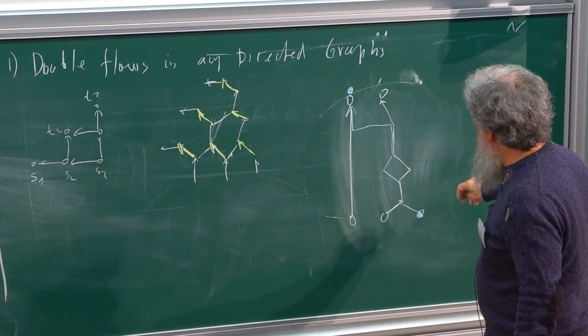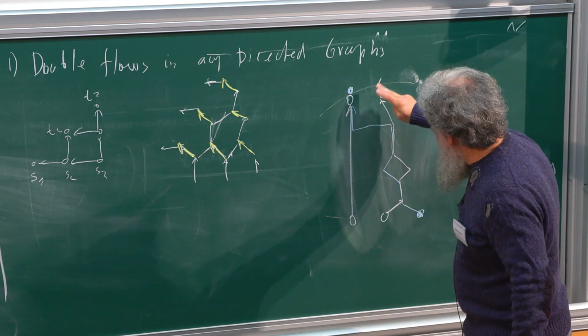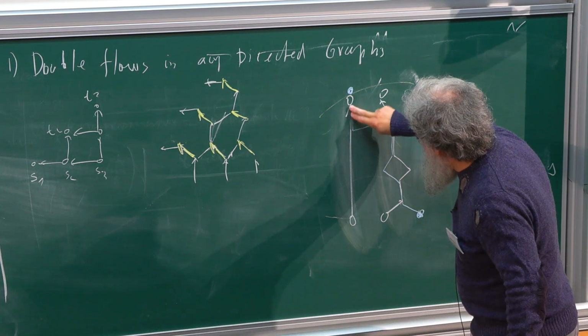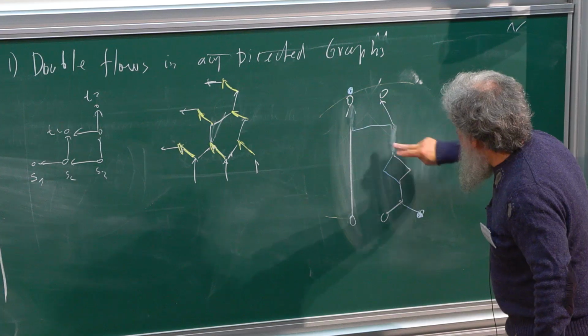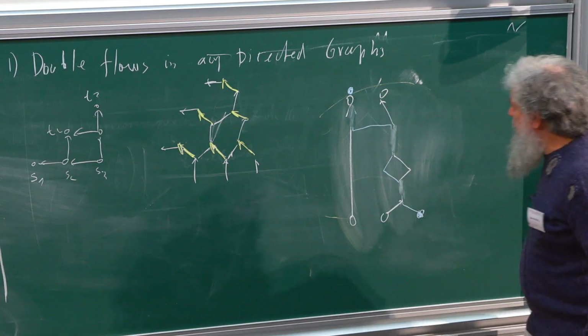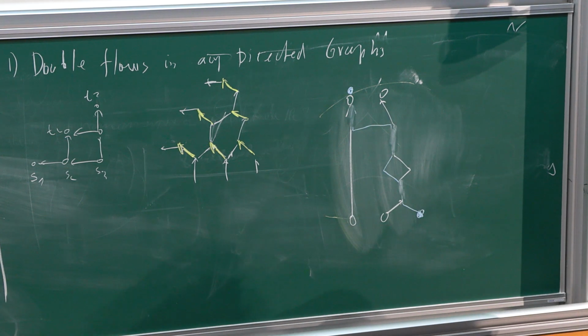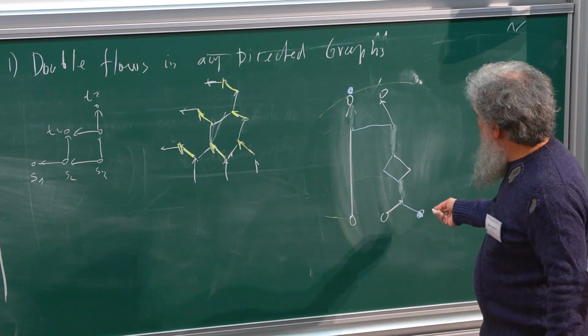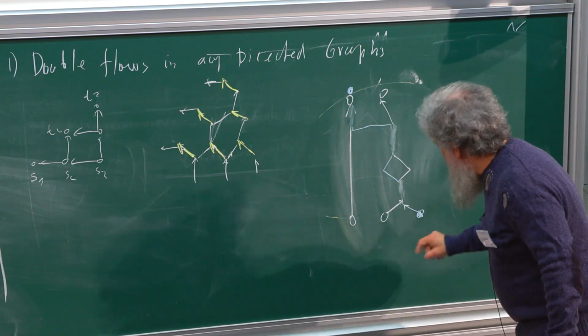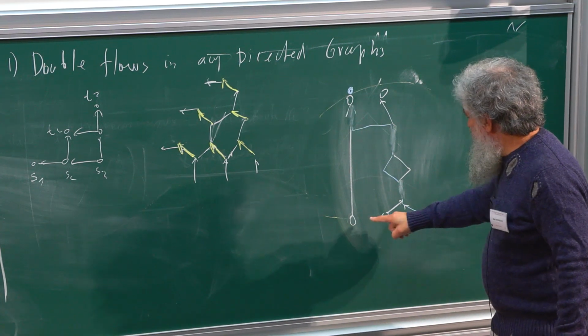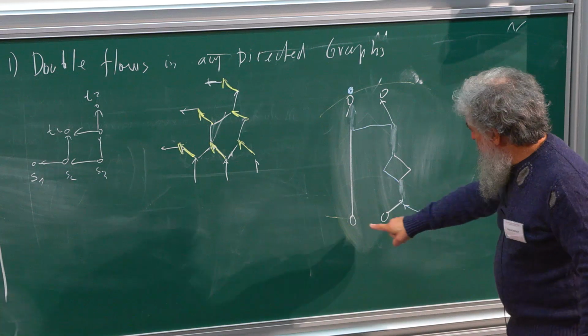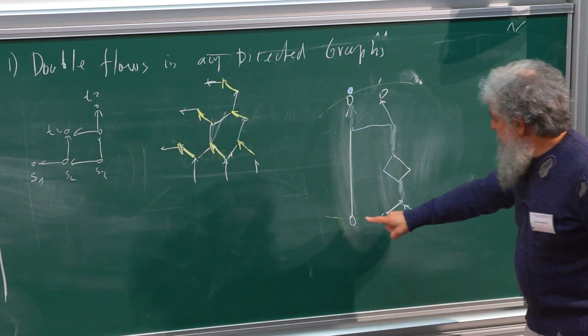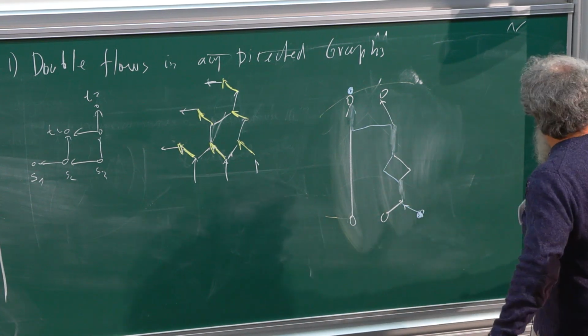And then we have to delete common edges. We delete this and this. And after deleting, we get a matching, a feasible matching with respect to this definition.